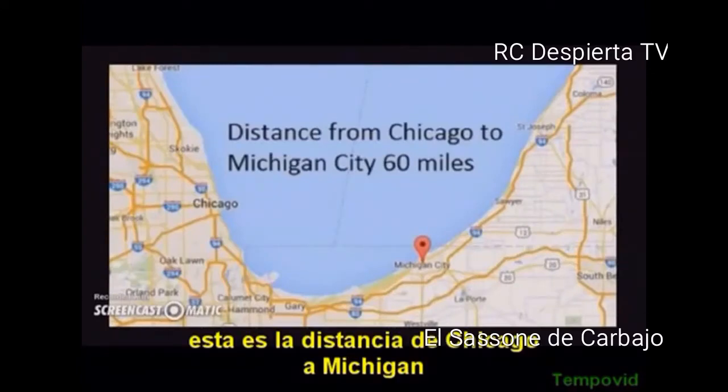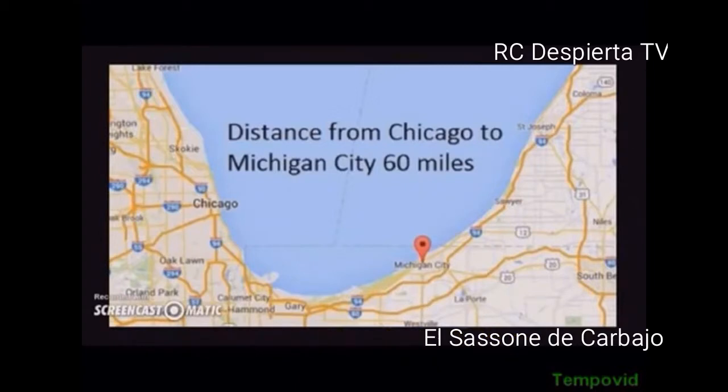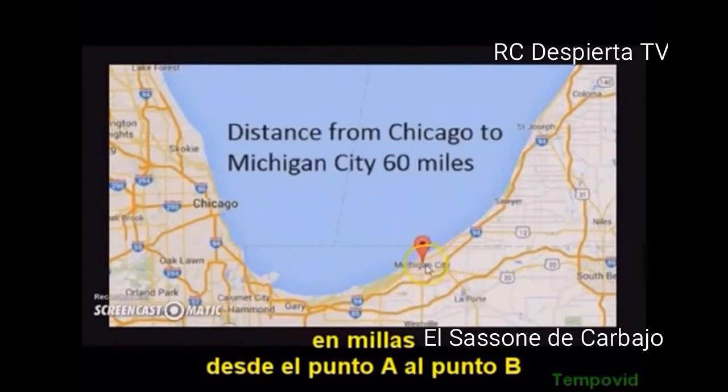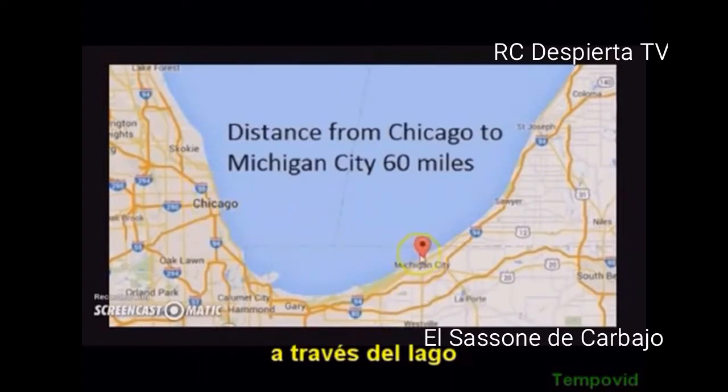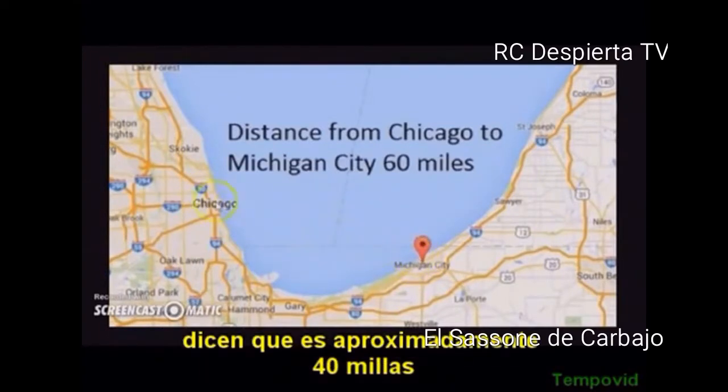And there was a dispute as far as the distance from Chicago to Michigan City, Indiana. I want to clarify this. It's been stated that the distance is driving miles. Now, from point A to point B across the lake, they say it's approximately 40 miles.